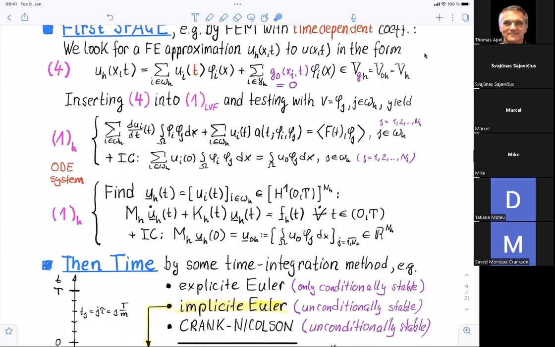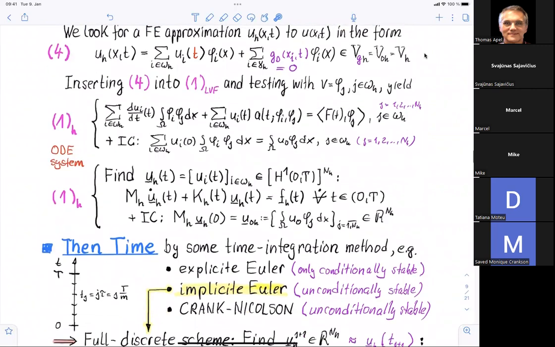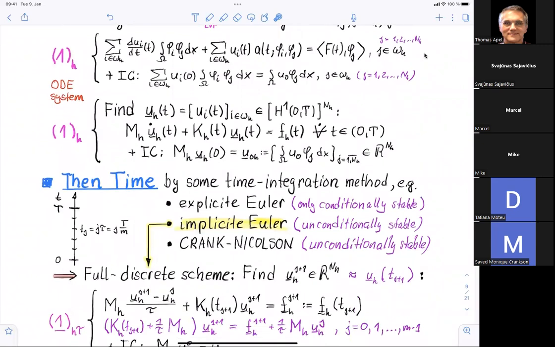Then you have to solve this ODE system, and we do it by some Runge-Kutta method. The so-called family of theta methods are very popular. Crank-Nicolson and implicit Euler are the most important ones, because this is, of course, a stiff system: the matrix M^{-1}K has a condition number of order h^{-2}.